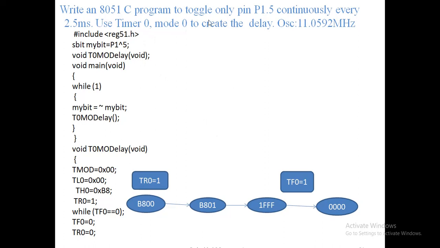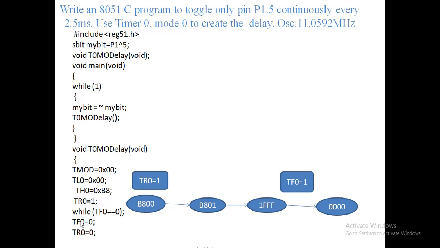Because this is a 13-bit register, what is the maximum value? 8191. You convert it into hexadecimal, you will get 1FFF. Once it reaches that, on the next clock it is going to be 0000. So TF0 is equal to 1, so overflow occurs. Once overflow occurs, it comes out of the while loop.